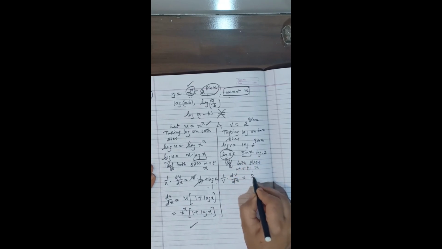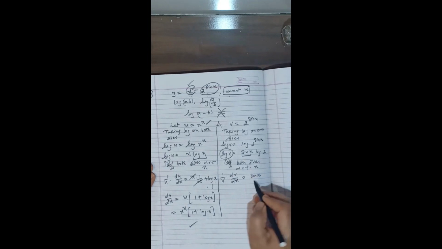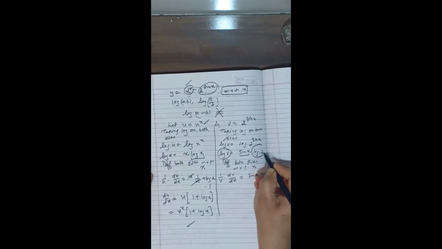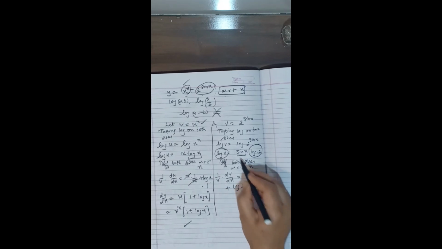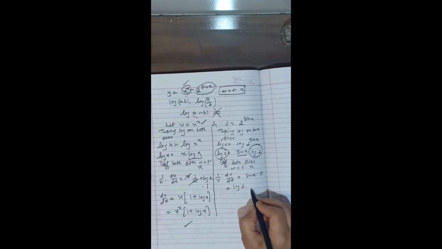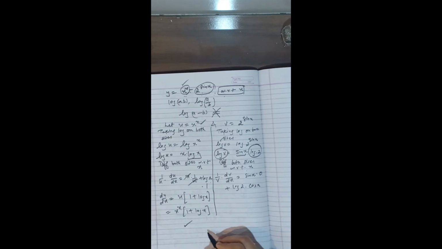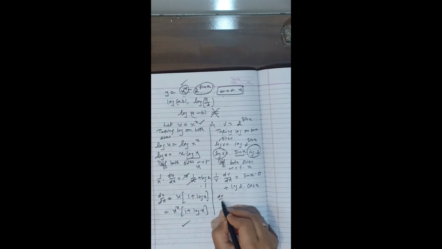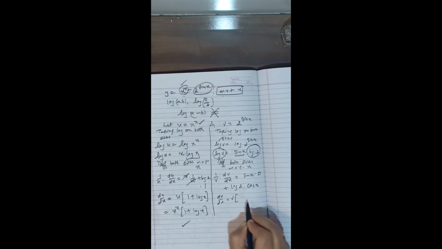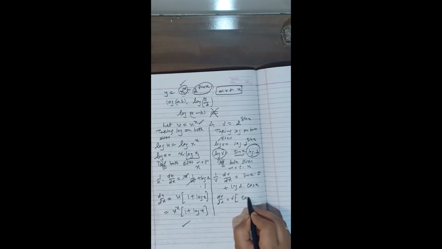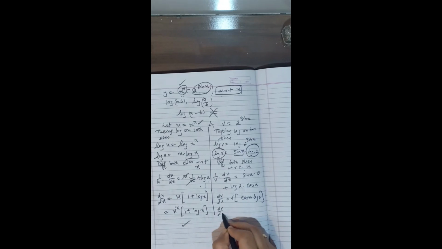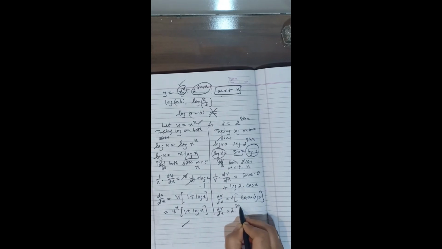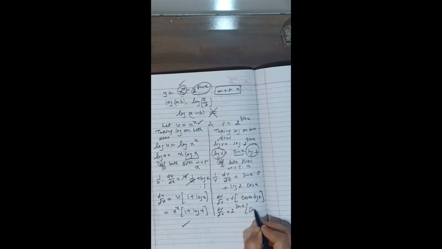Derivative of sin x, I am writing sin x as it is. Derivative of log 2 will become 0. Then log 2 is there, and the derivative of sin x will become cos x. So dv upon dx will become v into cos x into log 2. But v was taken as 2 raised to power sin x. So dv upon dx is 2 raised to power sin x into cos x into log 2.